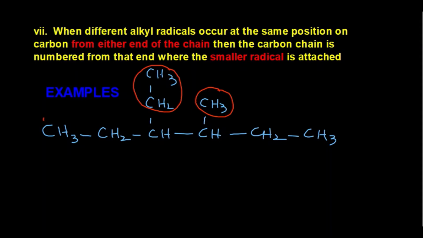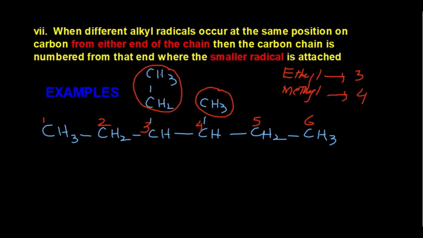Now, do the numbering. If we do the numbering from the left side, 1, 2, 3, 4, 5, 6, the ethyl radical is attached. What is the position of the ethyl radical, students? 3. And what is the position of the methyl radical? The methyl radical is attached with carbon number 4.